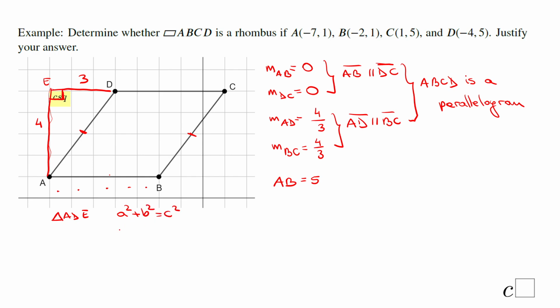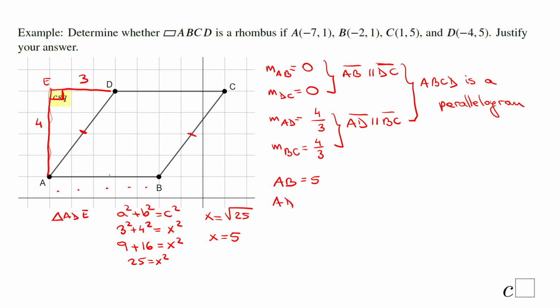Now we have 3 squared plus 4 squared equals AD squared, which I'm going to call X squared. So we have 9 plus 16 equals X squared. 25 equals X squared, and for finding X we need to take the square root, and the square root of 25 is 5. But don't forget, X is nothing else than AD.